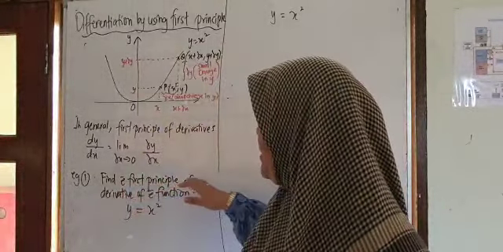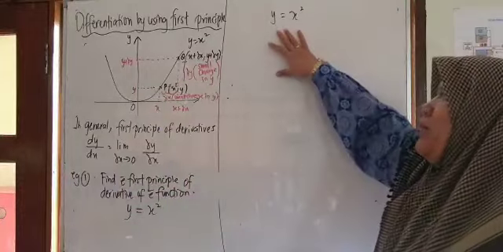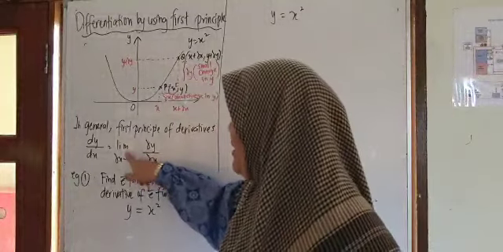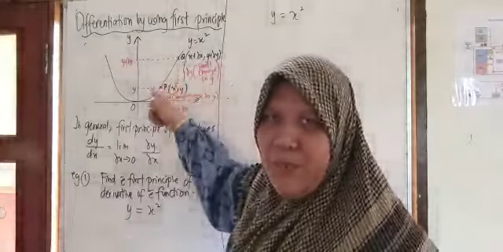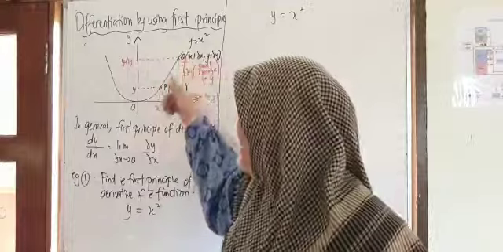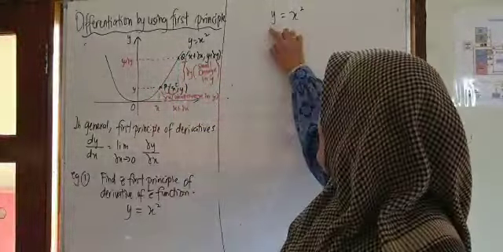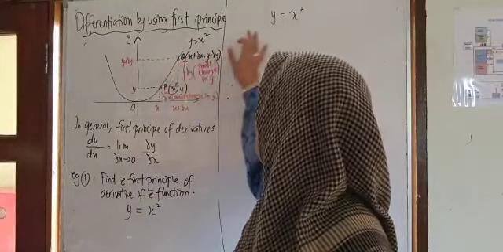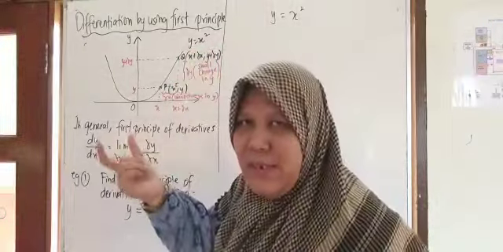Example: find the first principle of the derivative of the function y equals x squared. So we have here y equals x squared. You need to remember, when we talk about the limit approaching 0, there is a journey from Q to P. The journey from Q1, Q2, Q3, until it approaches point P. When we talk about the movement of Q, of course, for the y coordinate, we need to add the changes in y.